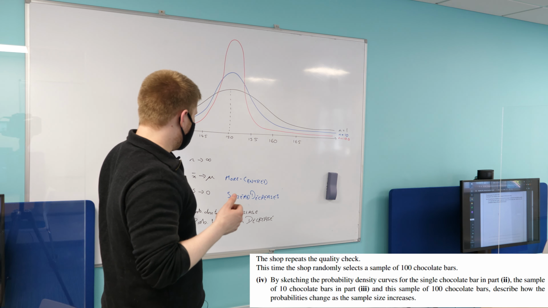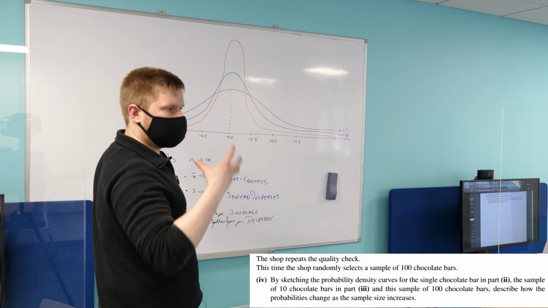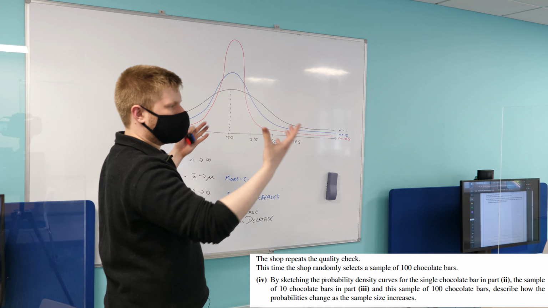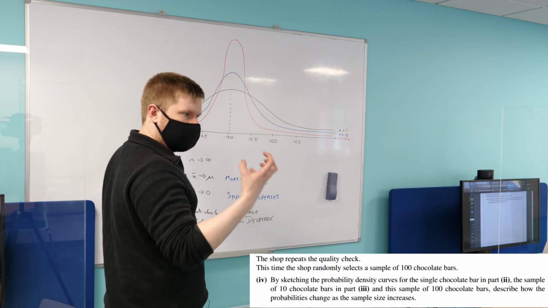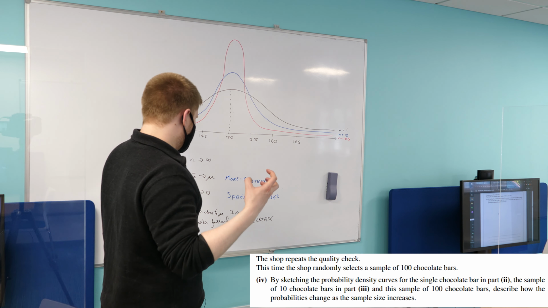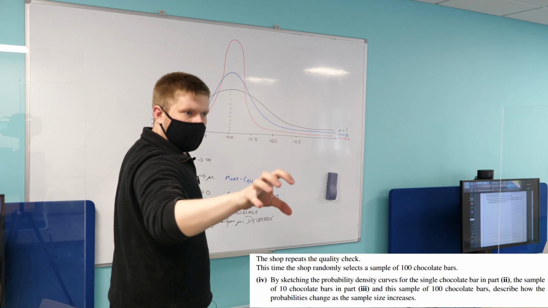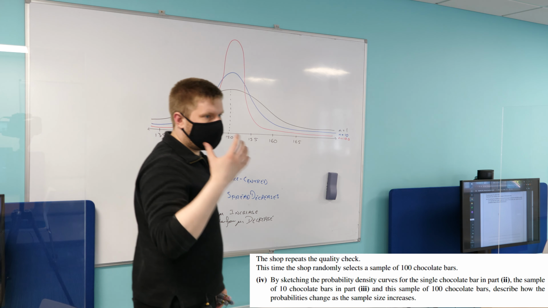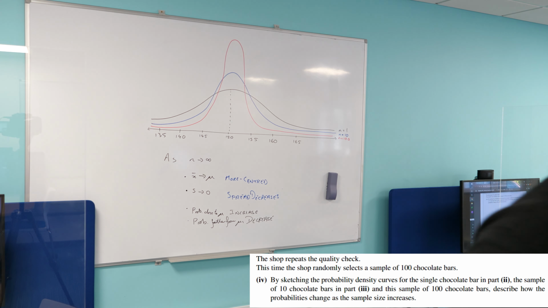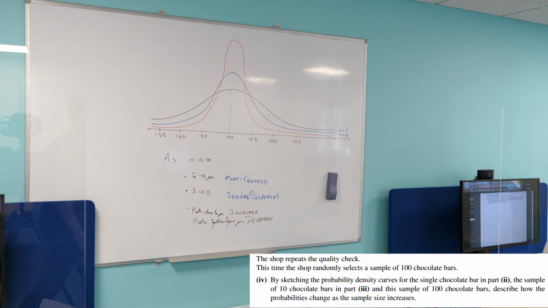I've also just re-emphasized this in words. Okay, it's just to make sure that whoever's looking at this really knows that you understand what you're doing. But it does also mention talk about the probabilities. That's what the question's asking. So it is really important that you talk about what happens to probabilities close to the mean and probabilities further from the mean. Okay?